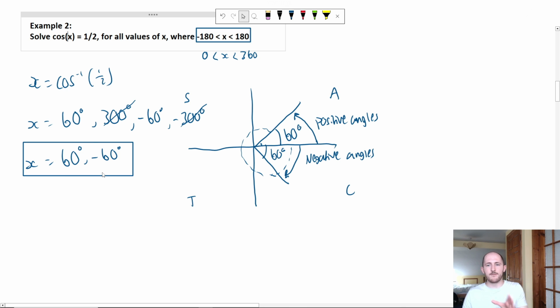Just keep that in mind. Every 360 degrees, you only have two answers, but this is assuming there's nothing in front of this x. So again, there's no 3x, no 2x, no 5x, no half an x. Okay, so keep that in mind. You should have two answers for every range of 360 degrees. Minus 180 to 180 is still 360. So I hope that makes sense.